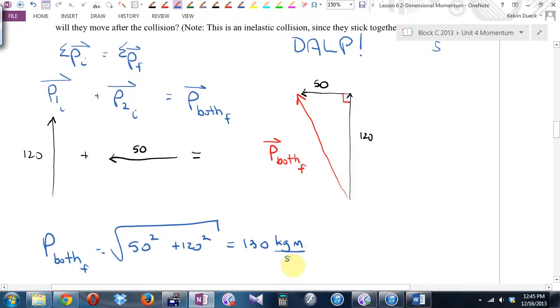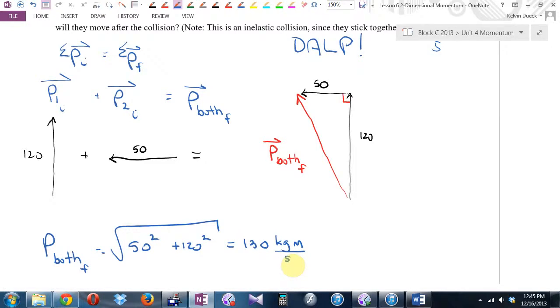Except that's not what they wanted me to find. What did they want me to find? Velocity. If I know a momentum, how can I find a velocity? Divide by mass. I think in this case, mass of both because they stuck together. By the way, hopefully you're seeing why I did that routine every time. Stuck together, separate. Mass 1, mass 2.